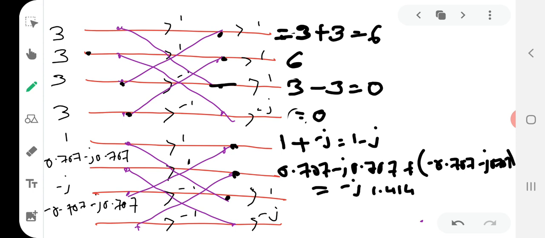Okay, and at this point, what is the value? 1 minus j. Okay, this will be 1 plus j, 1 minus j, 1 plus j, and here we will get minus j 1.414. Okay, these are the values we are getting after the second stage. Then what is the value of x of n?